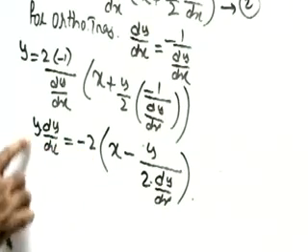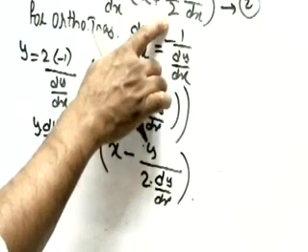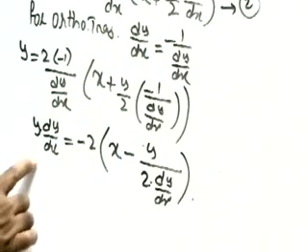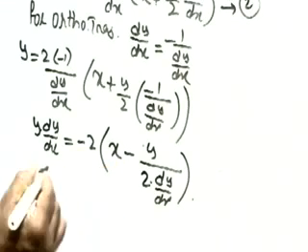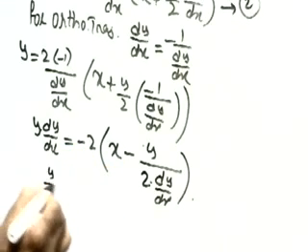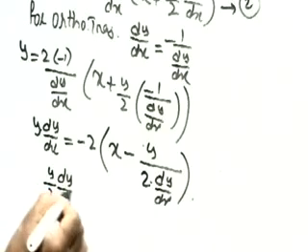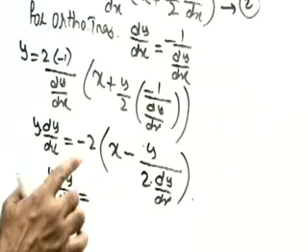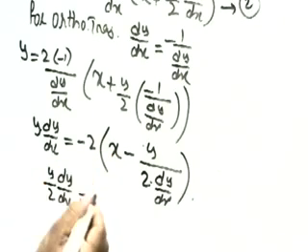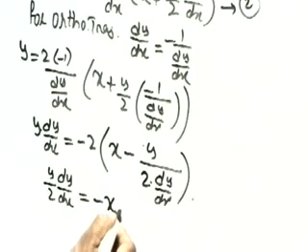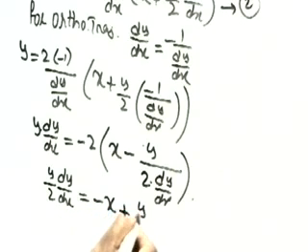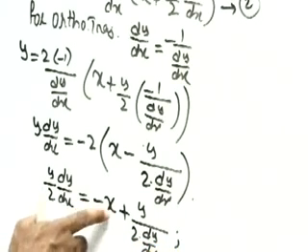If I'm bringing this 2 here, it will be y by 2. We have to change like this, no? So I'm bringing 2 here and multiply this with minus. If we bring 2 here, it will be y by 2 dy by dx. Now if you multiply with minus, minus into plus will become minus x. Minus into minus will become plus y divided by 2 into dy by dx.